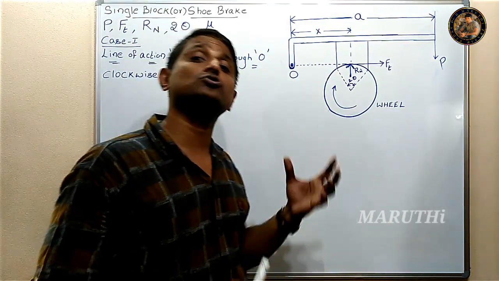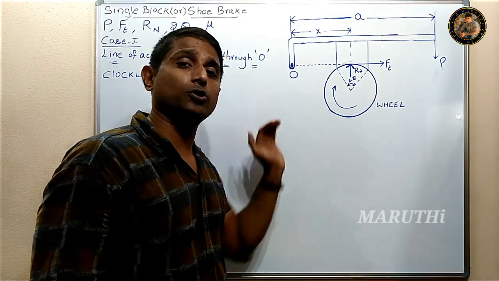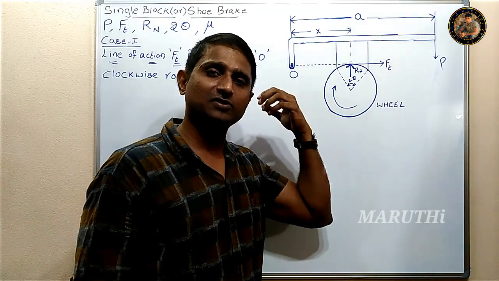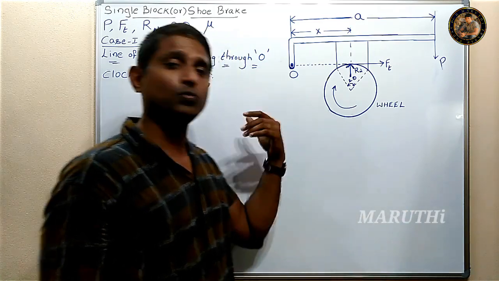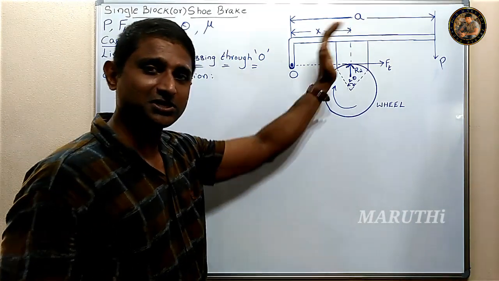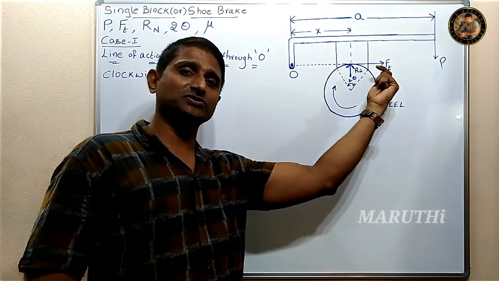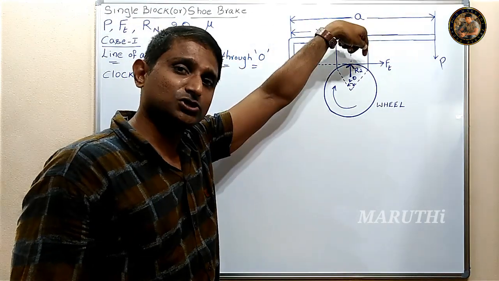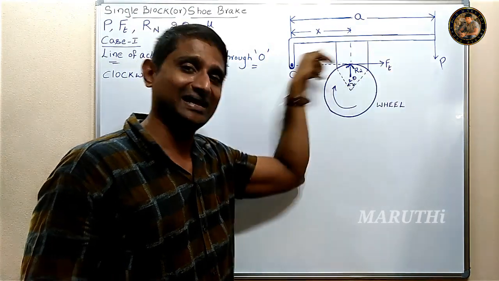Here again we have 2 cases. The brake drum may rotate in clockwise direction, or it may rotate in counterclockwise direction. Initially we take the brake drum rotating in clockwise direction. Then obviously, as we said, friction force on the brake drum is in this direction, whereas friction force on the shoe is exactly opposite, so in this direction.